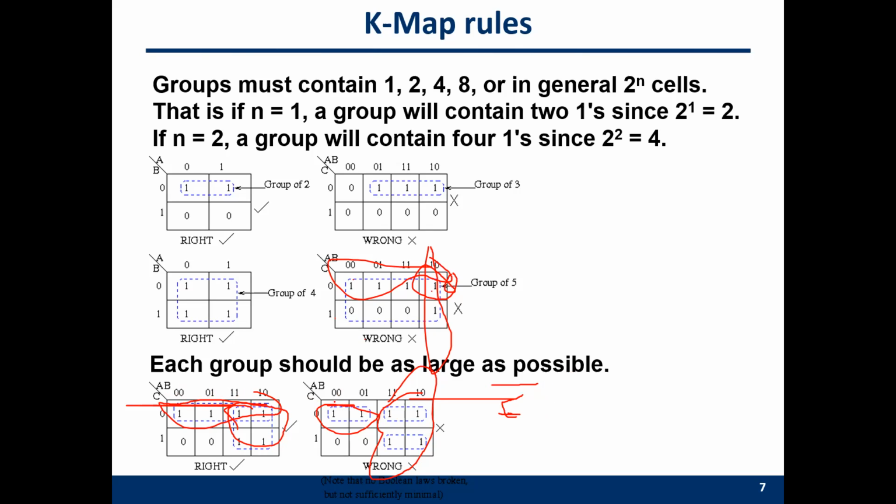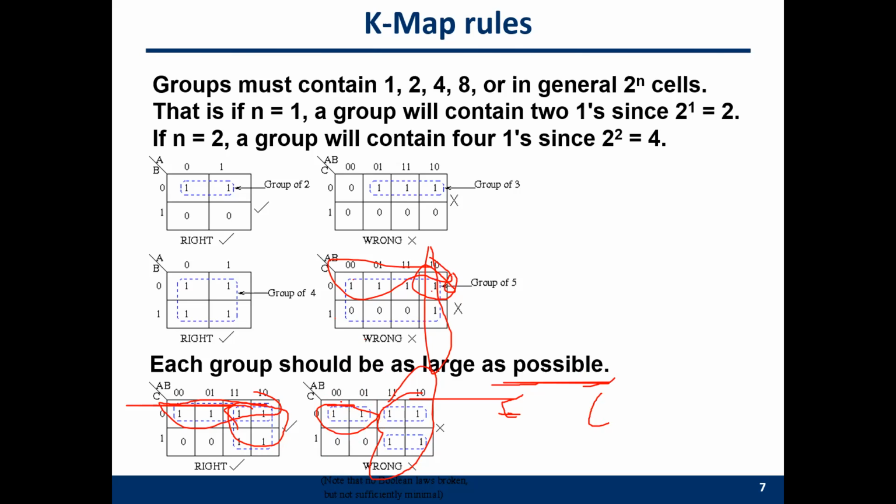Then if we draw the group like this, although we still have 2 groups here, this small group can also be represented by C bar, because for these 2 boxes, C is always 0.